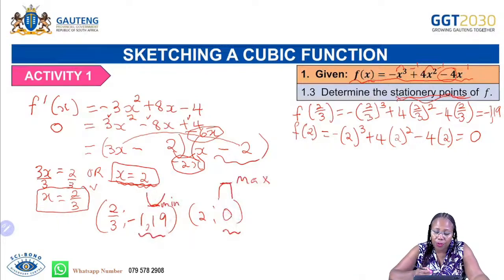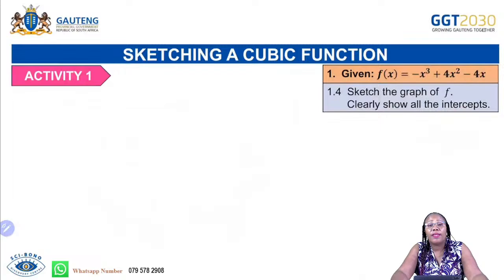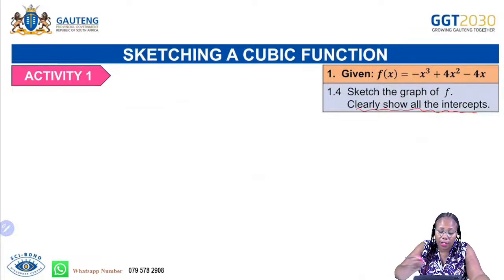Let's continue with our activity. And I hope we are still together. And then the next question, 1.4, sketch the graph of f. Clearly show all your intercepts. Remember we have calculated the y-intercept previously. We said y is equal to 0.